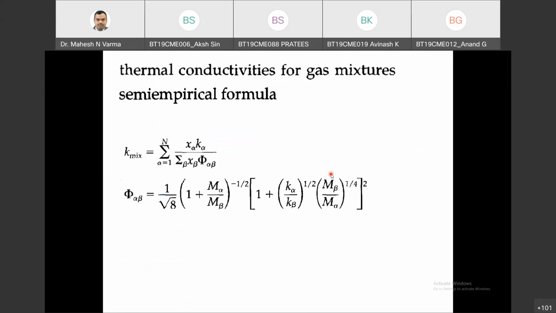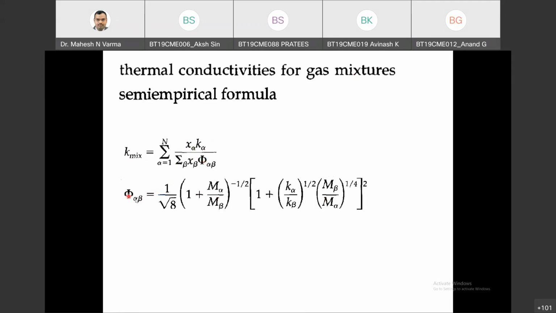Again the same thing. It's an empirical formula for the thermal conductivity of a mixture of gases. Identical equations we have seen in momentum transfer also. This will be the interaction parameter alpha beta. If I assume that the interaction among all the compounds is similar, then simply you can use this formula.